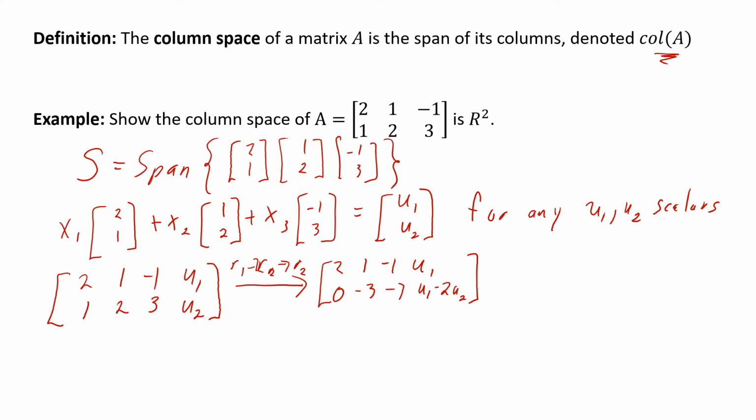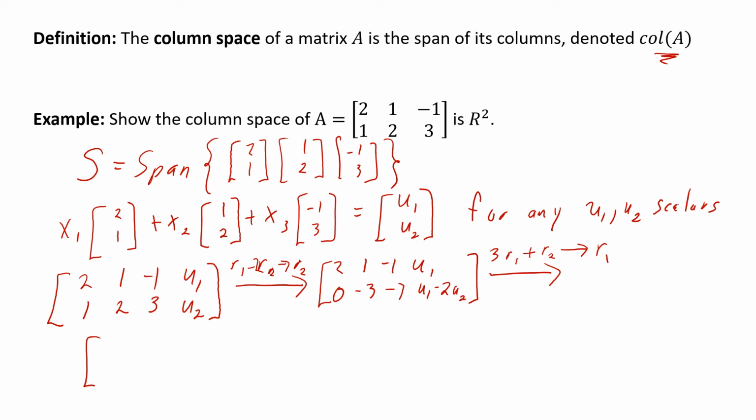Now for the second step, we are going to do 3 times row 1 plus row 2 is the new row 1, using the second pivot point.